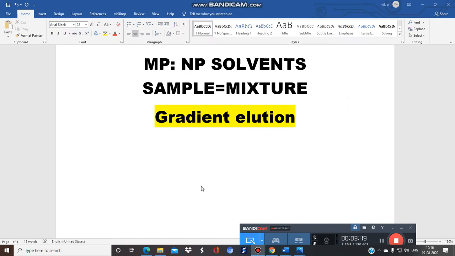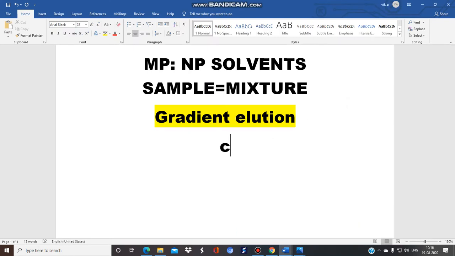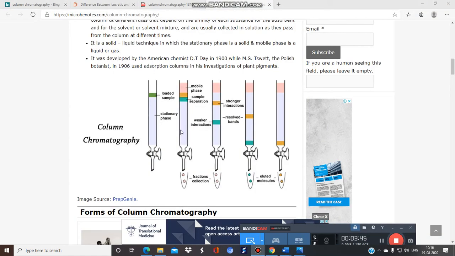Suppose in gradient elution you are using a chloroform methanol mixture in the ratio 1:1, or we can say 10:1, it becomes easier. Suppose you have collected this fraction and the mobile phase is 10:1, that is chloroform 10 ml and methanol 1 ml, and you have collected your green compound.